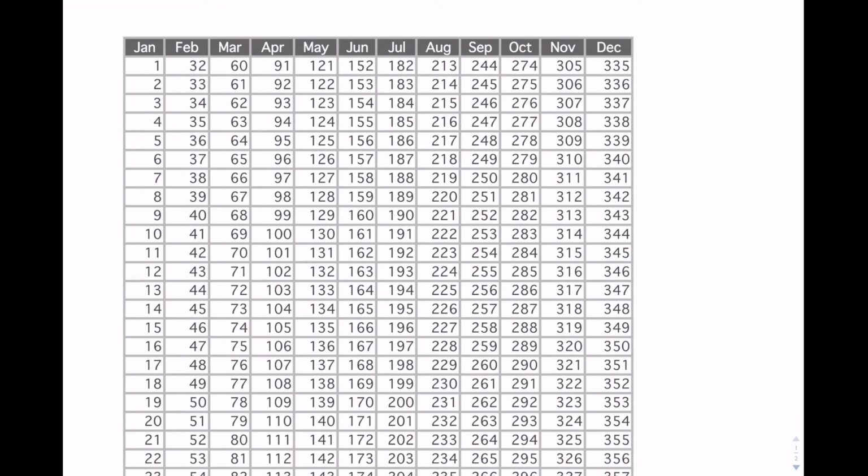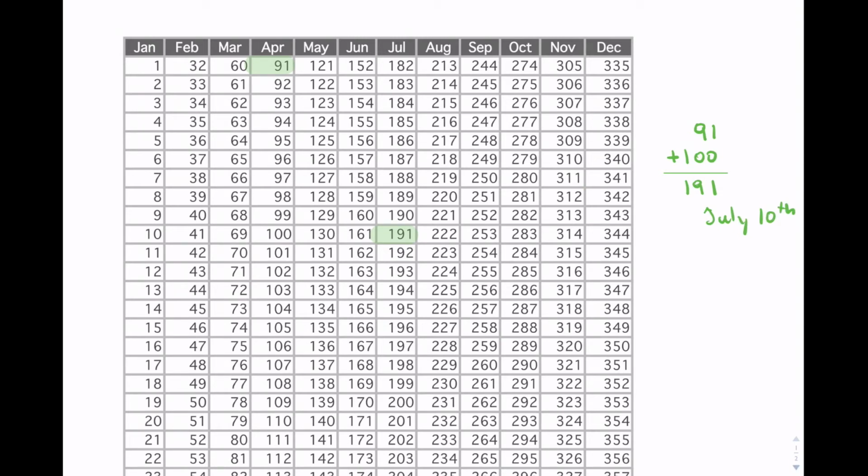April 1st is right there, the 91st day. It's 2019, so it's not a leap year. Now 100 days forward, that is going to be day 191. Let's find that day. That's right here, and that is July 10th.